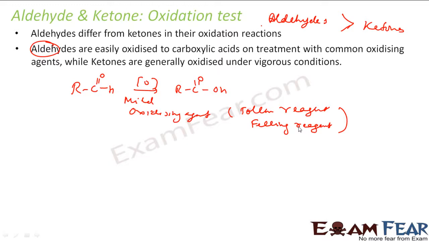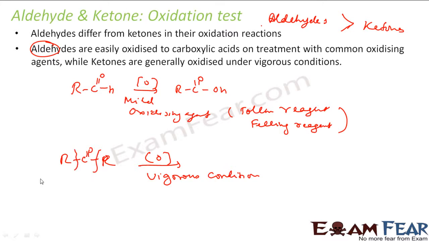But the ketones are oxidized only under vigorous conditions. You have to use a strong oxidizing agent and high temperature, then only the ketones get oxidized, because in this case you have to break these bonds, right?